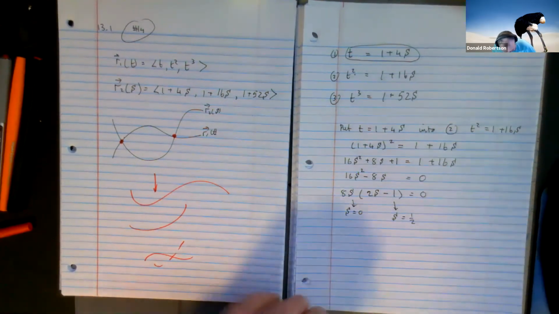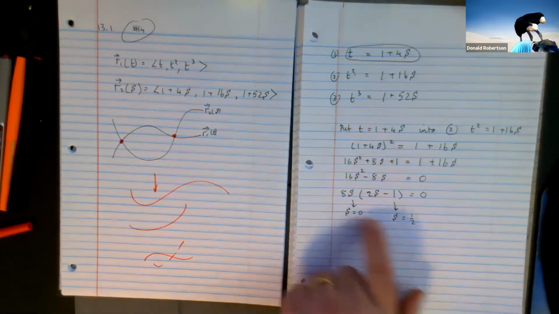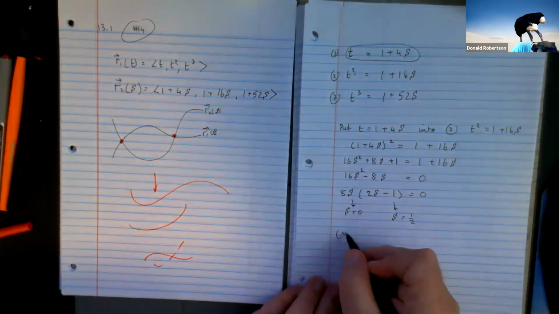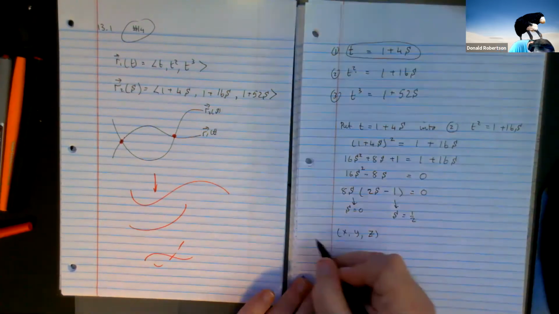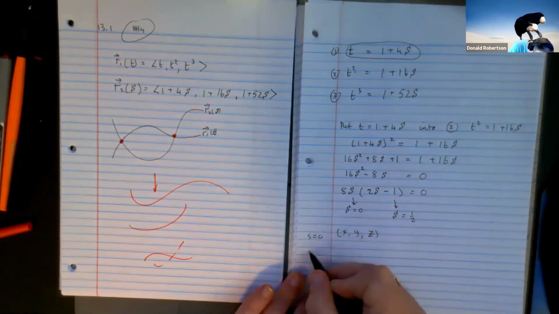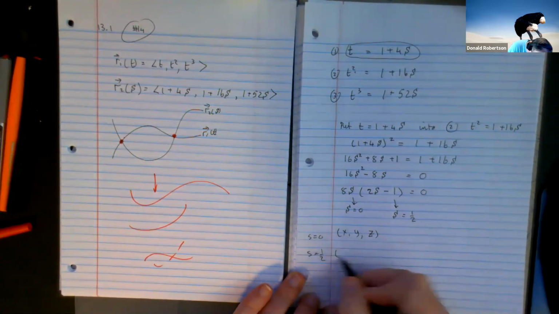Now I know the s values. I can find the coordinate of the point when s is 0, and I'll do that in a moment. And then I can find the coordinate of the point when s equals 1/2.